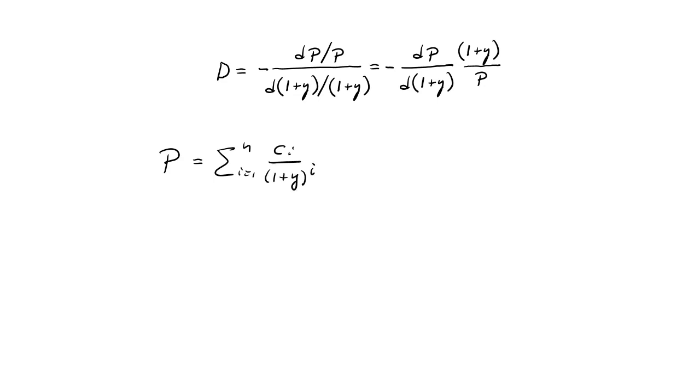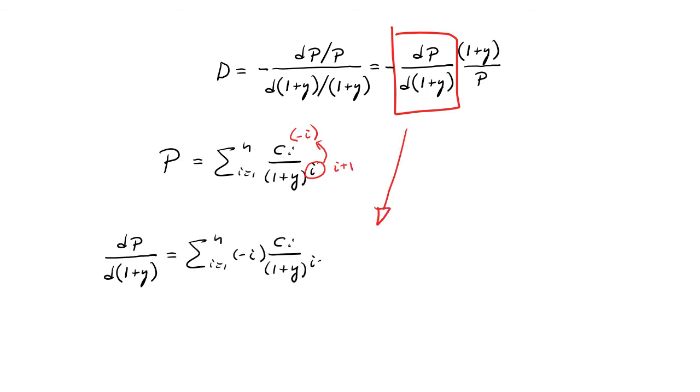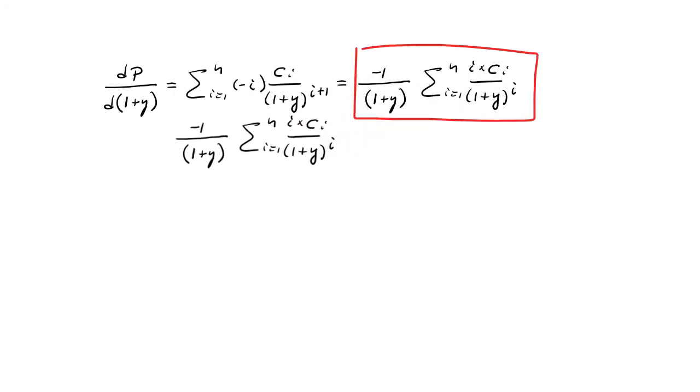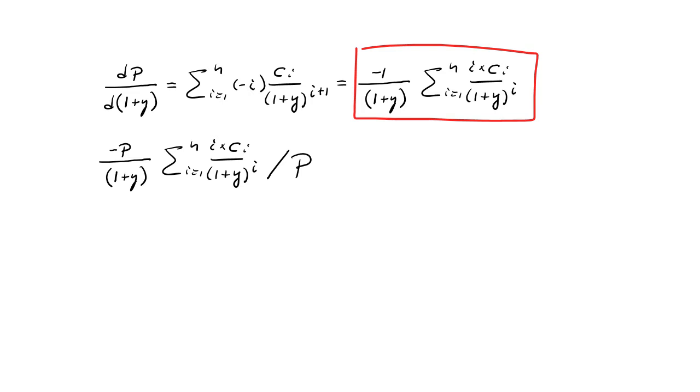Given the price-yield formula shown earlier, the differentiation of price with respect to 1 plus y is to move I to the numerator, and I becomes I plus 1, which gives this result, and we can further simplify it as substituting the price for 1 and dividing simultaneously by the price.